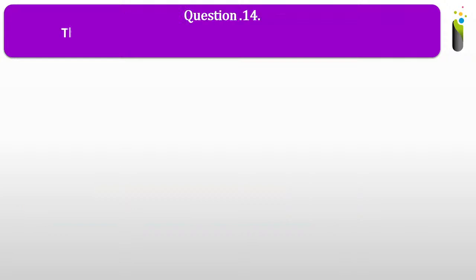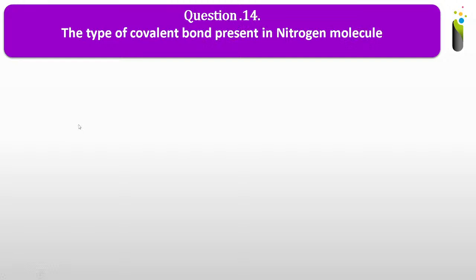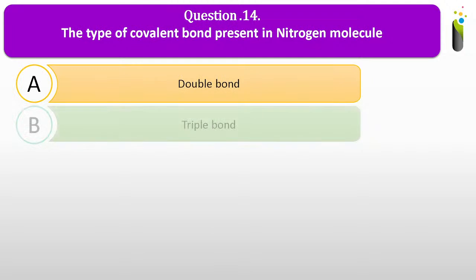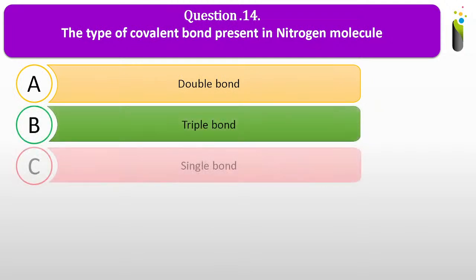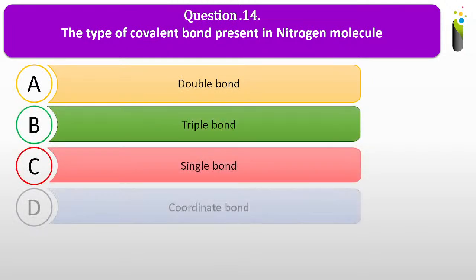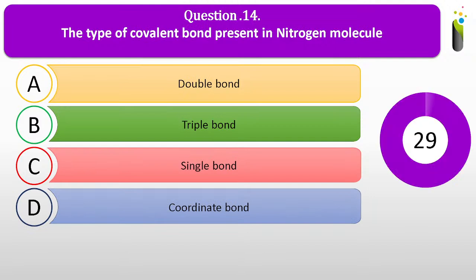Question number 14. The type of covalent bond present in nitrogen molecule is dash. A. Double bond. B. Triple bond. C. Single bond. D. Coordinate bond.